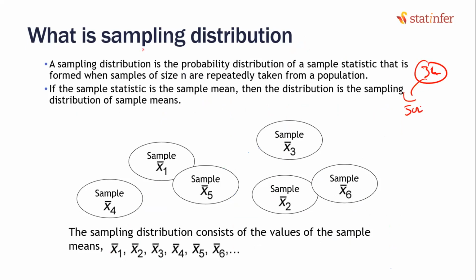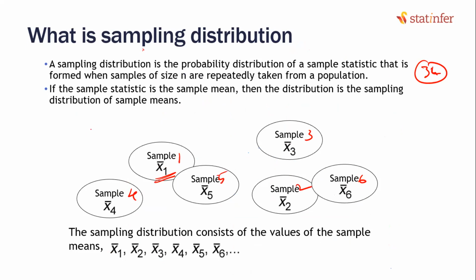Take randomly 500 customers, sample 1. Sample 1, find the average age. Take sample 2, again from 3 lakh, take sample 2, find the average age. Take sample 3, sample 4, sample 5, sample 6, sample 7, sample 8, like that.